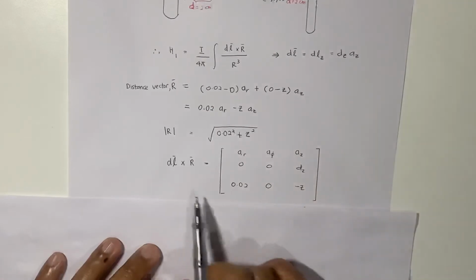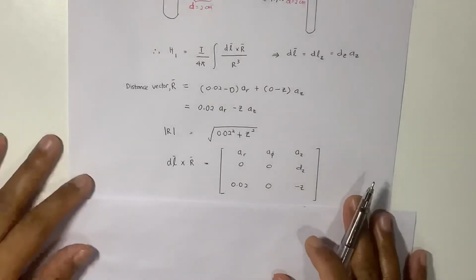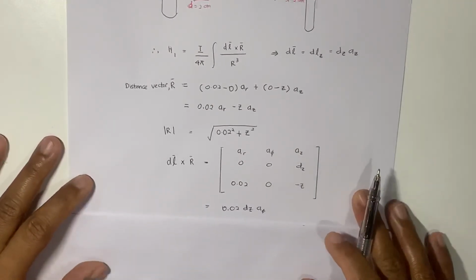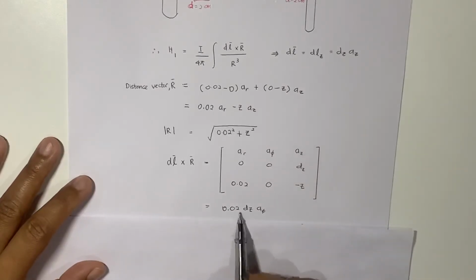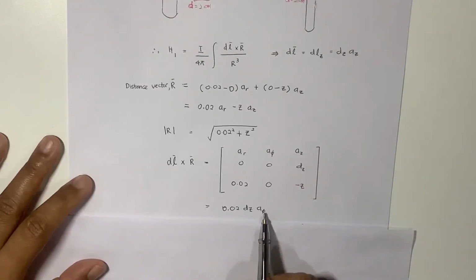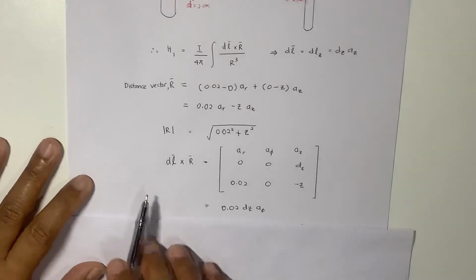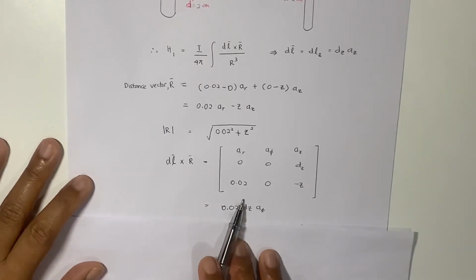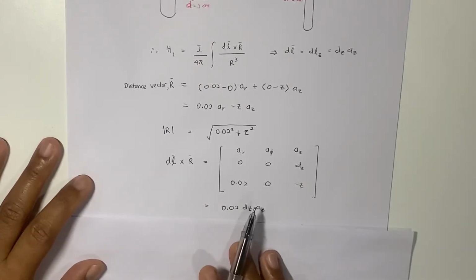The cross product is like this, so you will get the answer 0.02 dz a_phi. This cross product you can refer to in the table in the appendix in chapter 1.